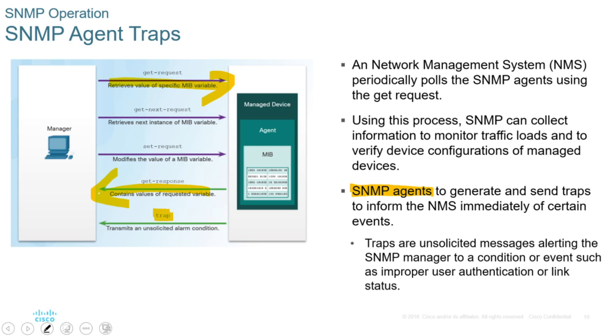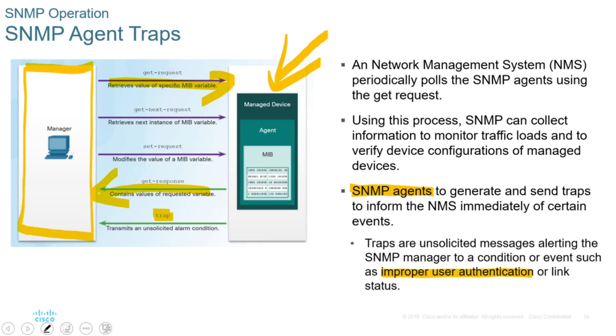Say for example, if somebody is trying to log into this device using incorrect login details, that may be something that we want to know immediately. So it can send a trap update saying there was an unsuccessful login attempt.